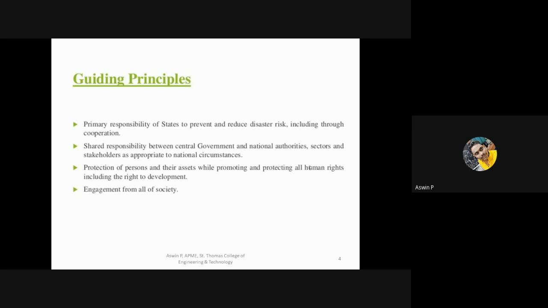The second one is shared responsibility between the central government, national authorities, sectors, and stakeholders as appropriate to national circumstances. When a state is under heavy threat of disaster, the central government as well as central agencies should share the responsibility.